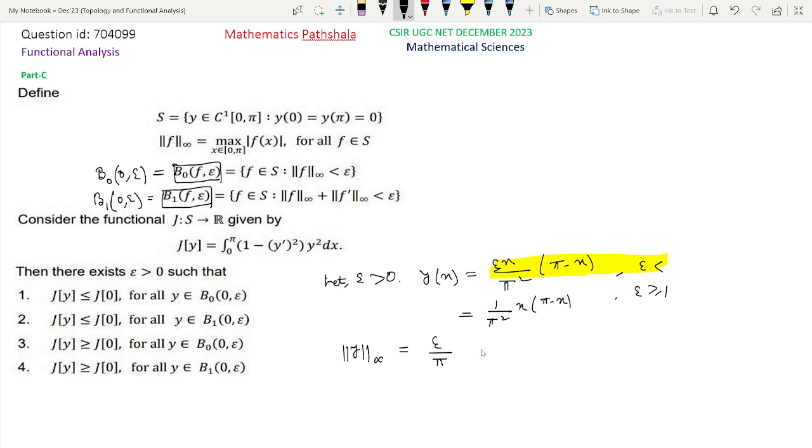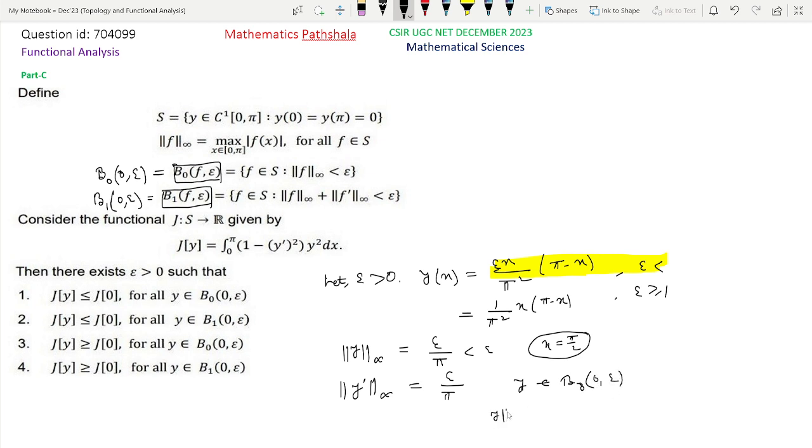We find that at x equal to pi by 2, y attains its maximum, and putting x equal to pi by 2 we get epsilon by pi. And similarly verify the infinity norm of y dash. This will also be epsilon by pi. Then as this is less than epsilon, here y belongs to b0 0 epsilon.